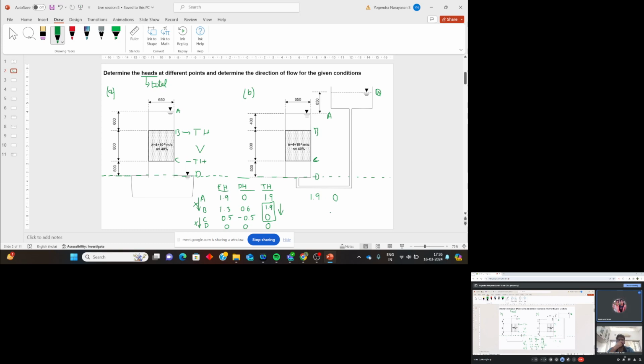At B, elevation head is 1.3. How are you saying elevation head will be same? Here elevation head is different, right? Okay, sorry, 400. 1200 plus 400, it will be 1.7.